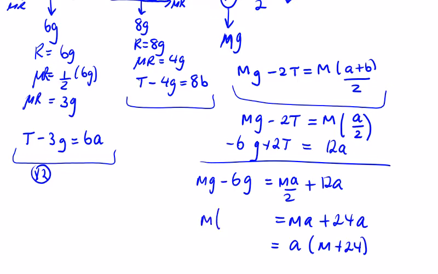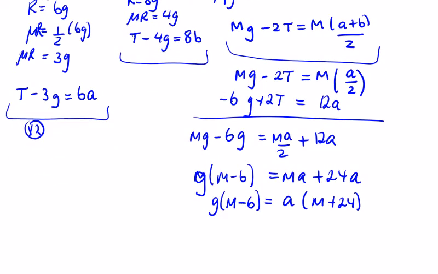I could factor out the m and leave g, factor out the g and leave m minus 6. So g times m minus 6, that's more like it. So my acceleration is equal to g times m minus 6 divided by m plus 24.